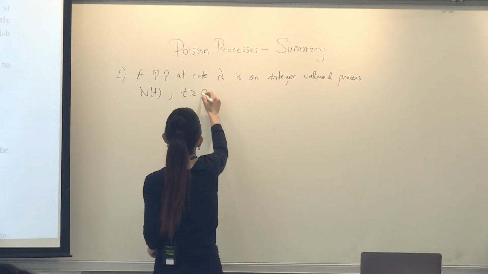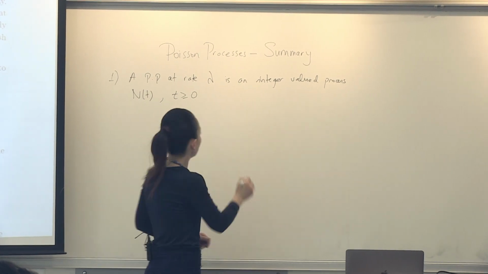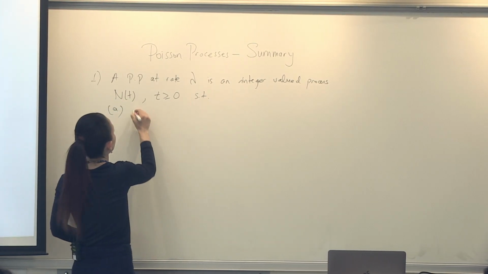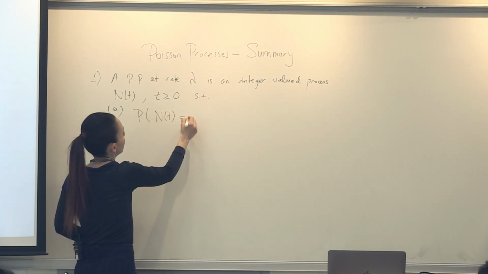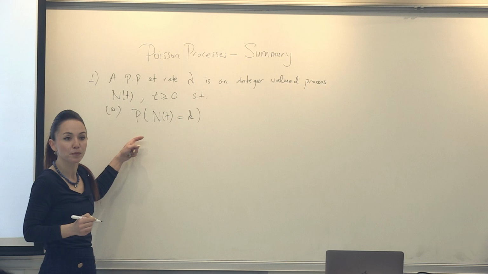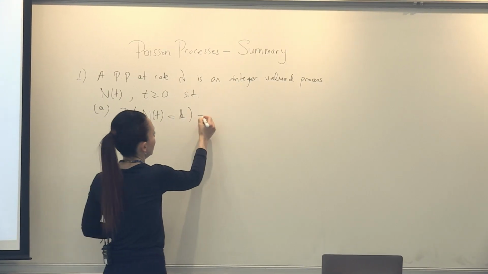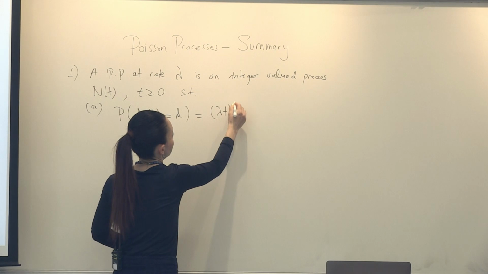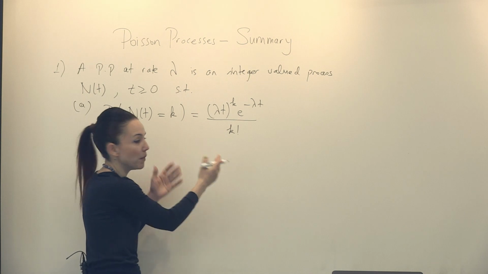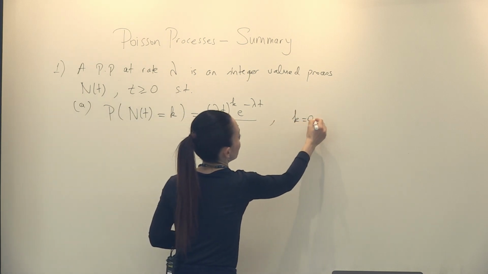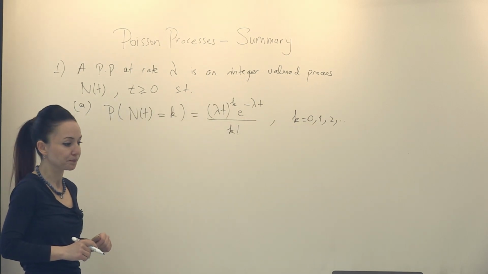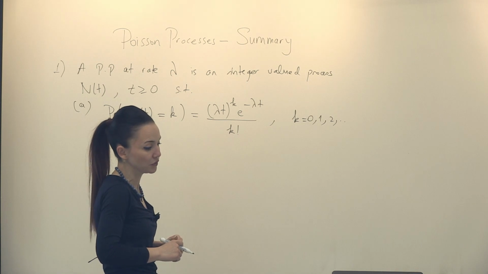Let's define it for positive time, such that the probability that N of t is equal to k, meaning the number of arrivals by time t is equal to k, is given by (lambda t) to the k e to the minus lambda t divided by k factorial. That is the Poisson PMF for values of k 0, 1, 2 up to infinity. Okay, non-negative integer values.